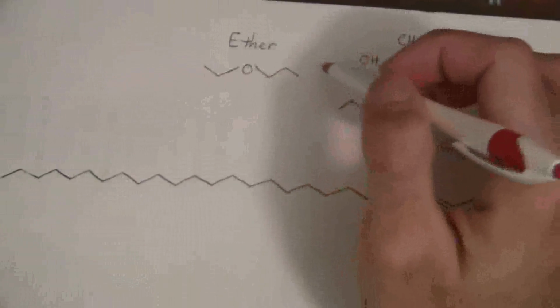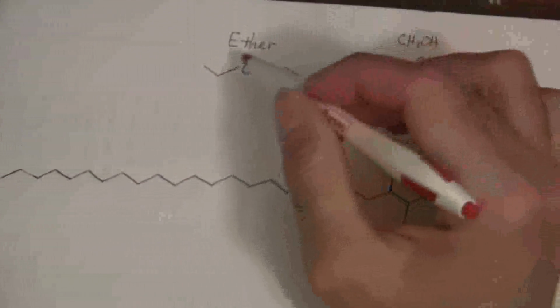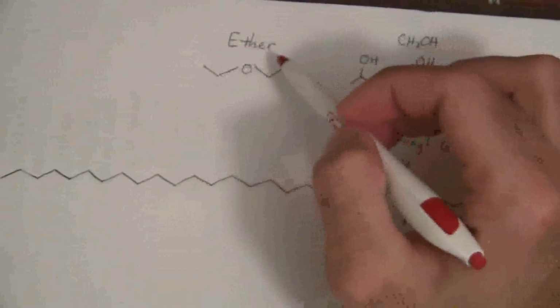It can be any different type of carbon chain, but this type of molecule is an ether.